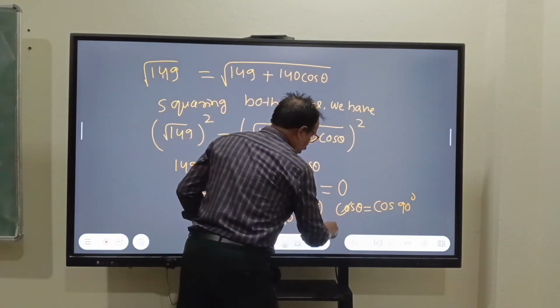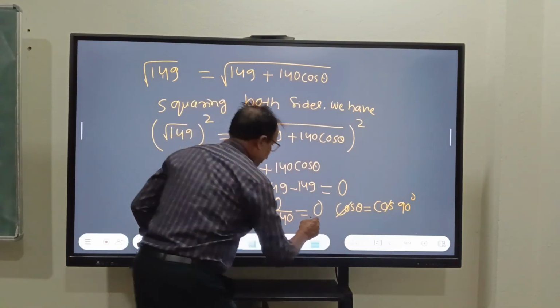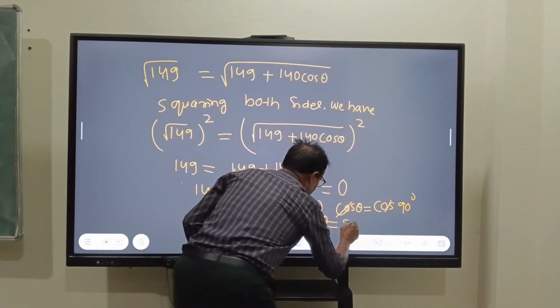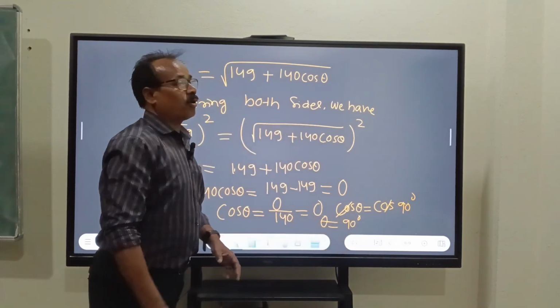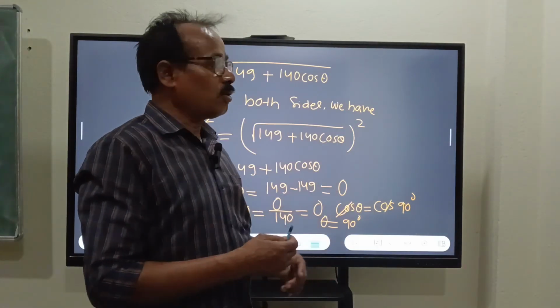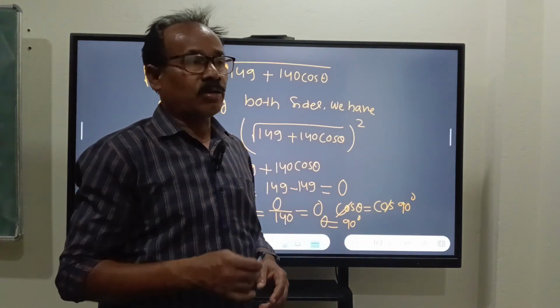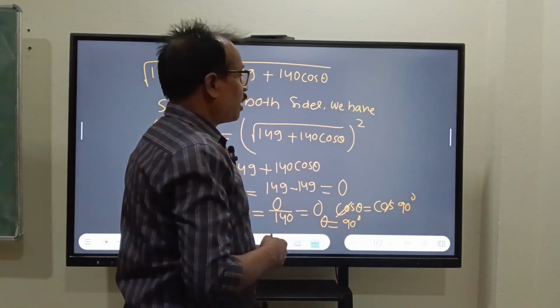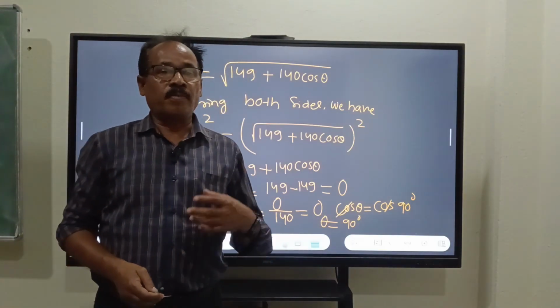Therefore, cos cancels, and theta is equal to 90 degrees. Therefore, the required angle theta is equal to 90 degrees. Thank you. Then I will discuss another problem tomorrow.